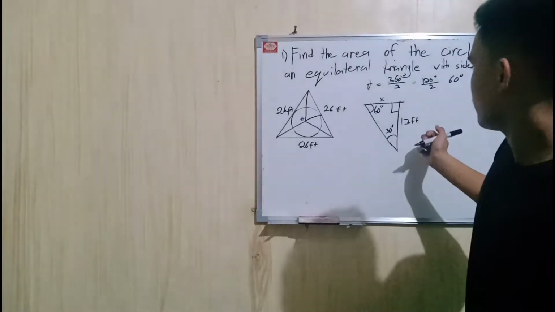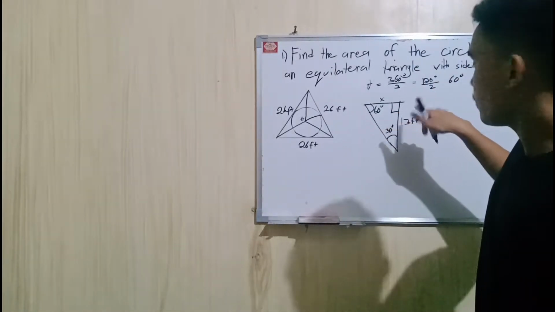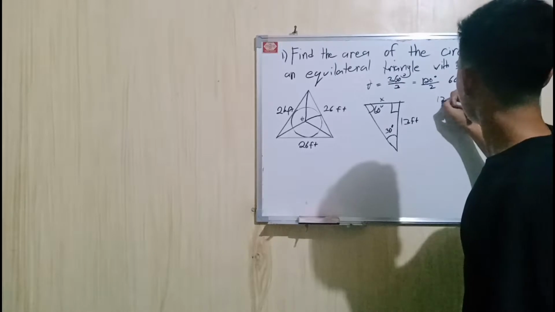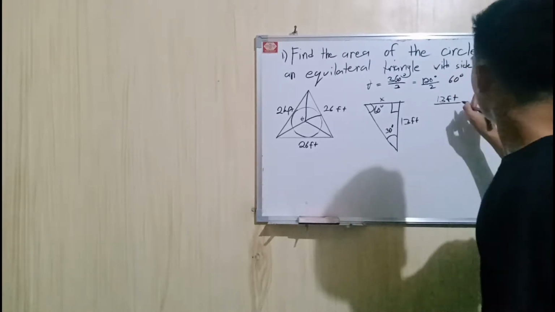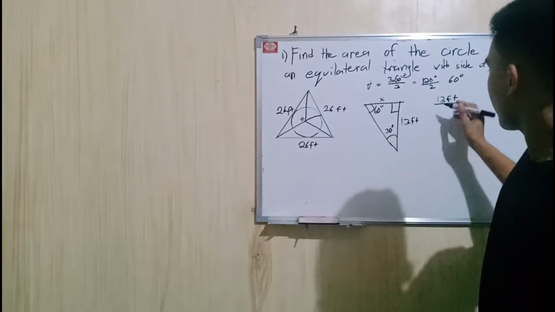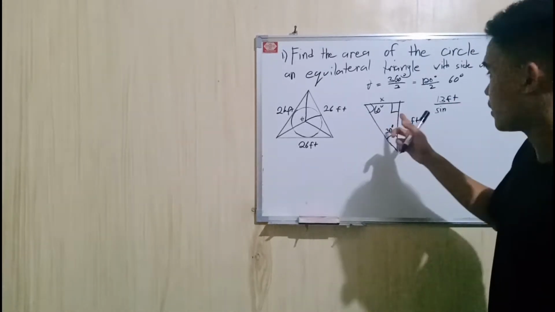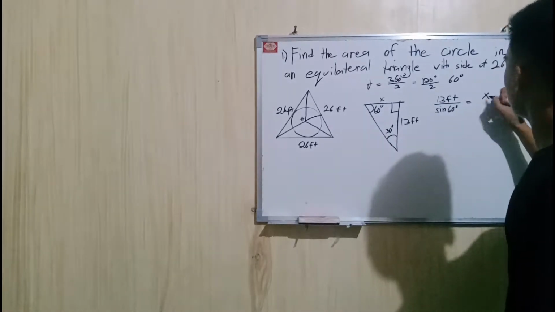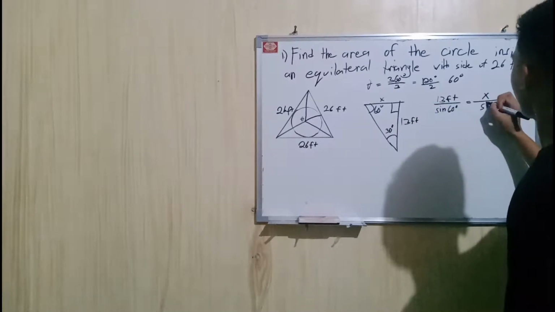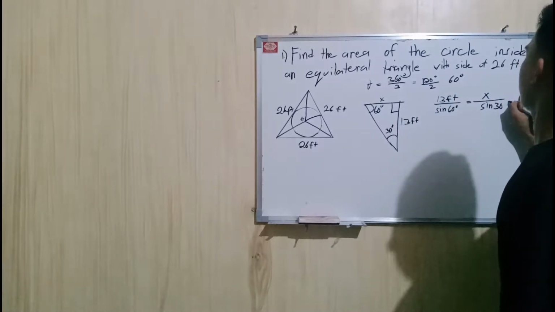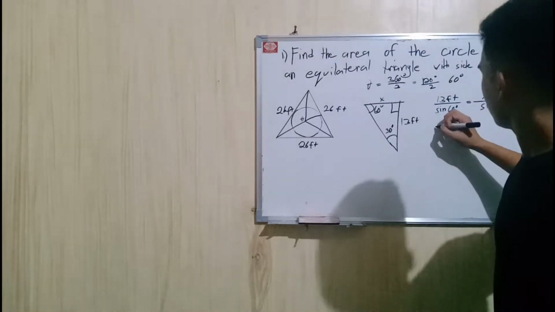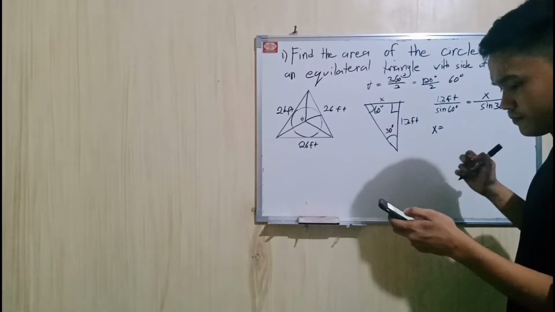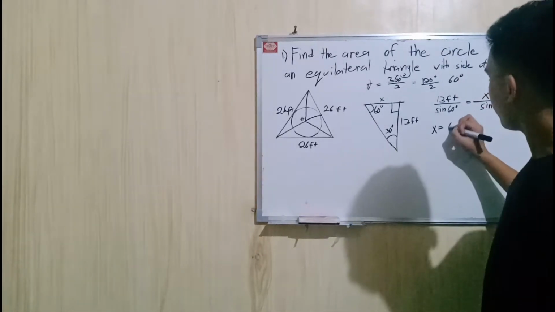To find x, we will use the sine law. 13 feet over sine 60 is equal to x over sine 30 degrees. So the value of x is 6.5 feet.